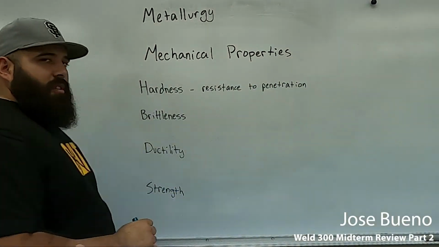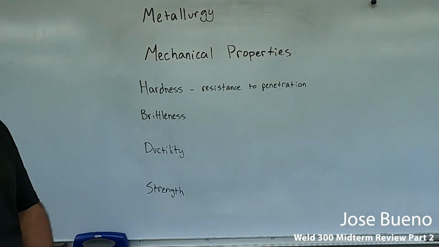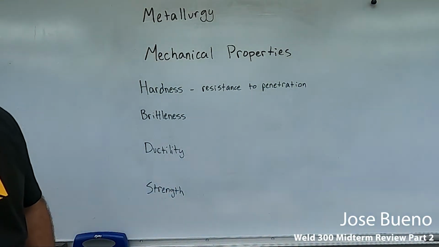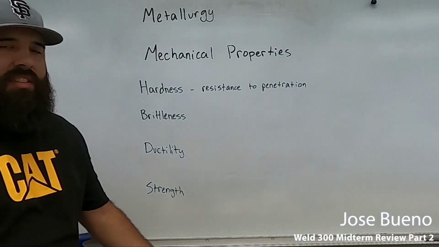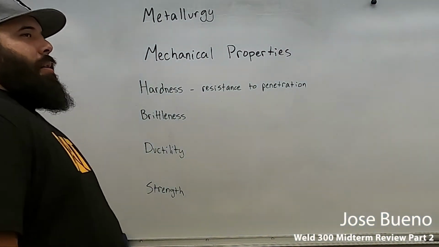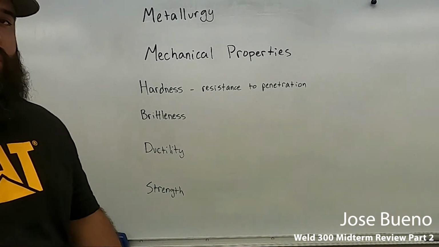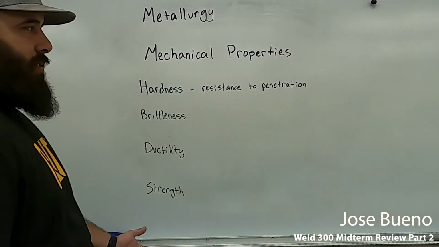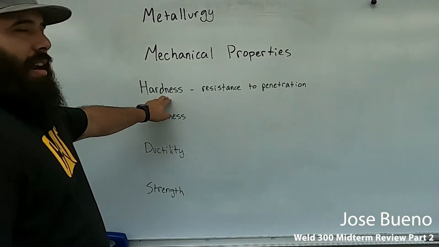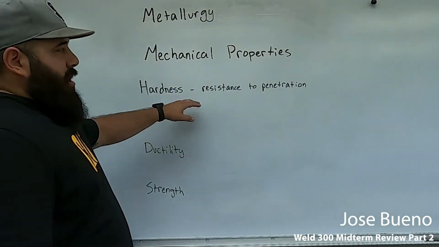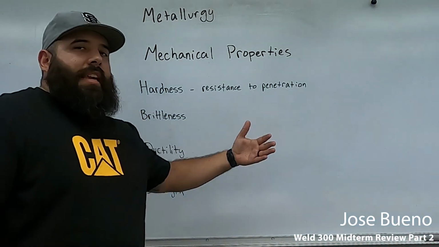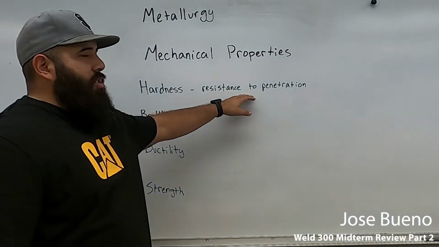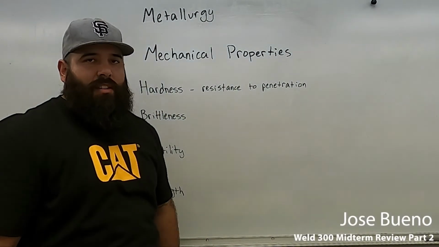Actually, I should have said surface penetration. So think of using a hammer and chisel or a center punch, or if you wanted to simply scratch the surface of steel. Depending on how hard it is, it's going to be harder or easier to penetrate the surface of steel.